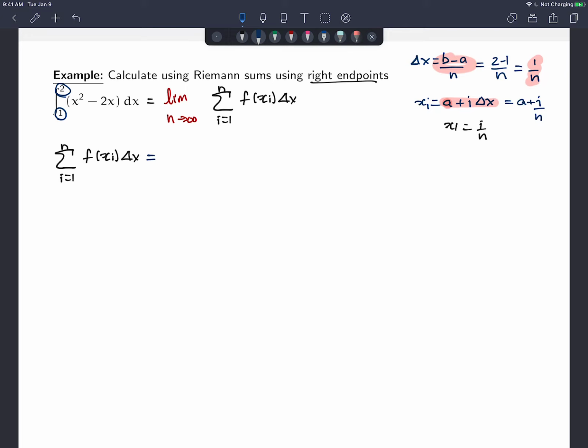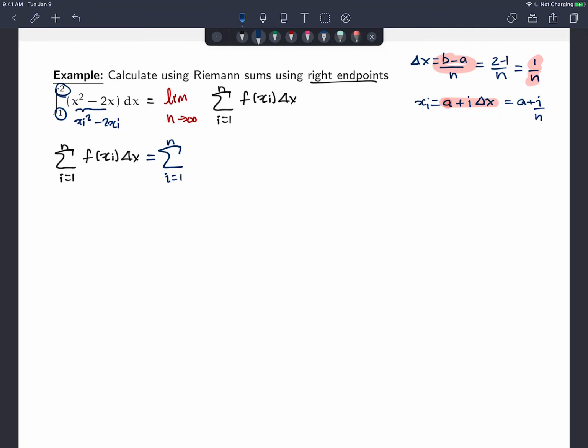I need to find this sum from i equals 1 to n of f, plugging into this function. Whenever I see an x, I'm doing xi, so it's going to be xi squared minus 2xi. But xi is just i over n. Sorry, I was totally wrong. My a is not 0, my a is 1.